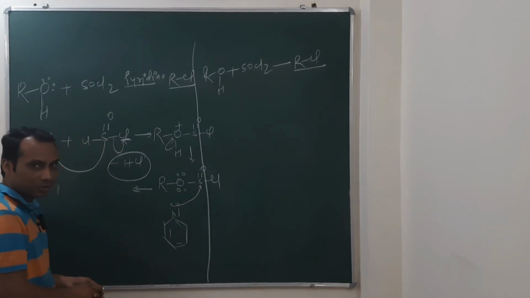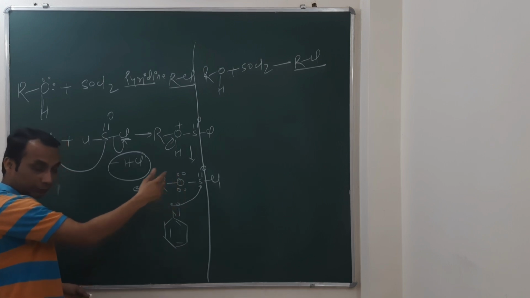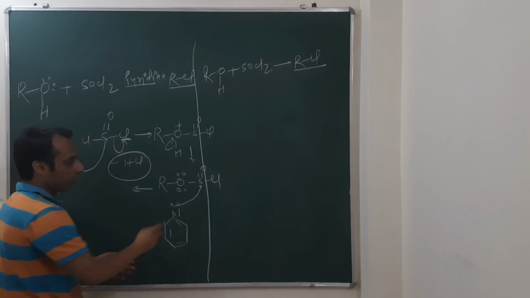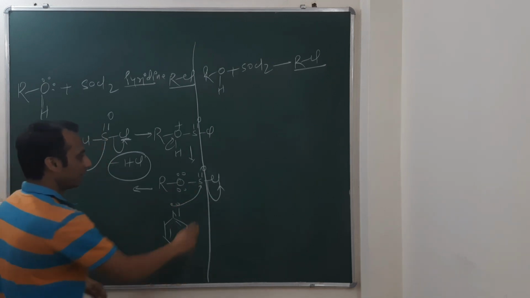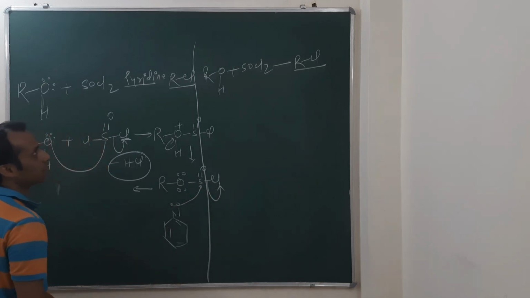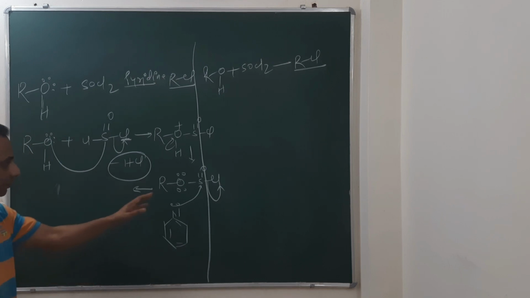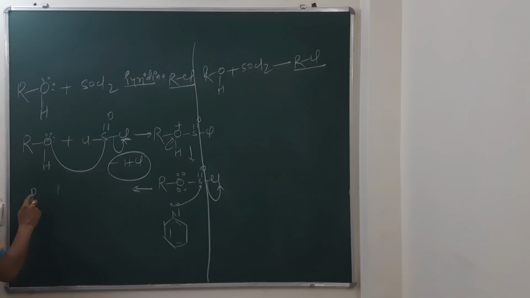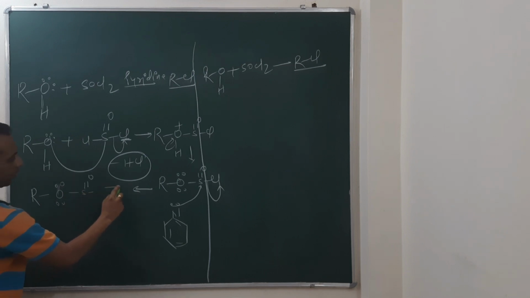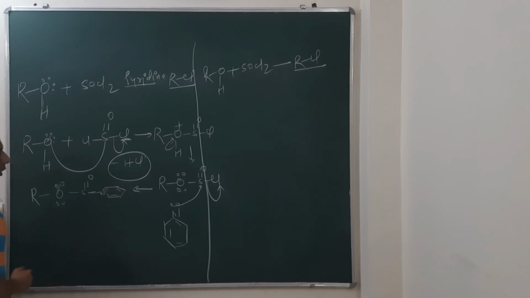At the same time, when there is chlorine nearby, that chlorine will leave its position because it is a better leaving group. So that is the SN2 process. Now S double bond O, and pyridine has formed a bond with it.